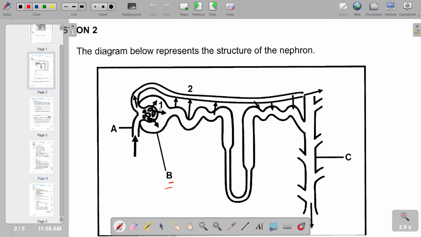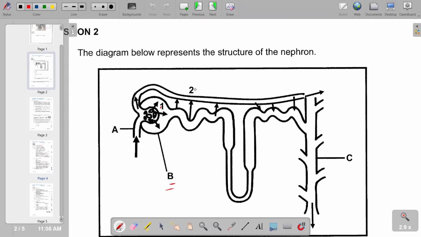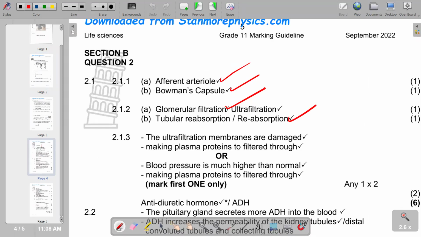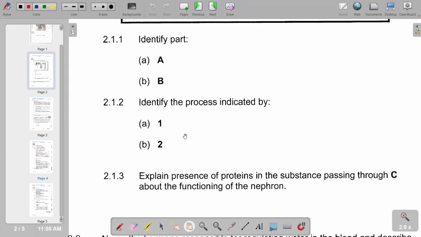So on 1 we have glomerular filtration, as indicated here. Then we go to the next one, which is 2, which is tubular reabsorption, is indicated on the other section. And then we move on to the next part of our question, which is question 2.1.3.